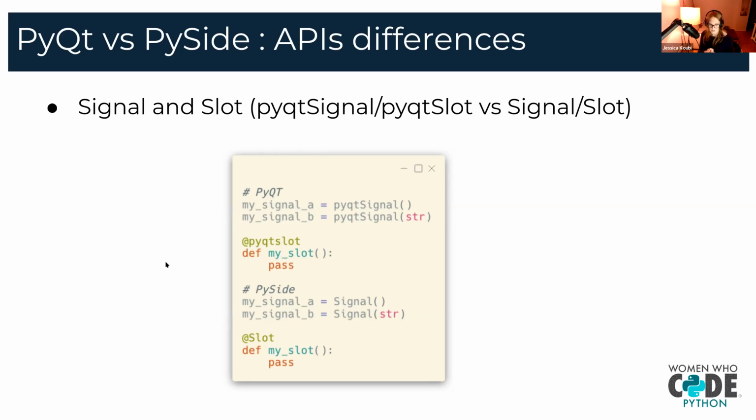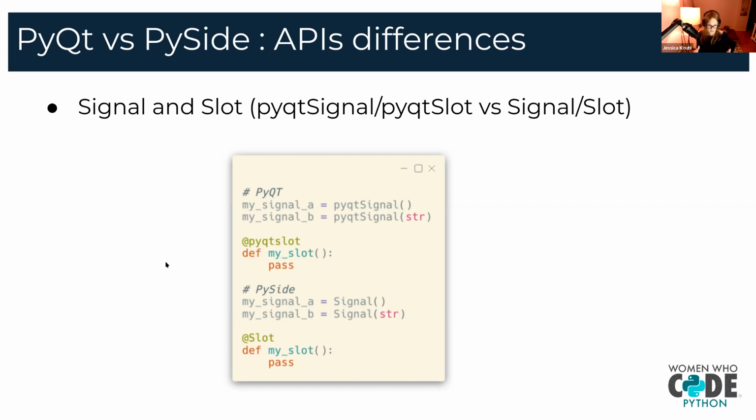So the biggest difference in my mind is the signal and slot. Qt is an event-driven toolkit, meaning that when a user does something, it triggers an event. That's your signal and your slot. For example, if somebody does a right click, it's going to trigger a signal which says, hey, there's a right click mouse button.